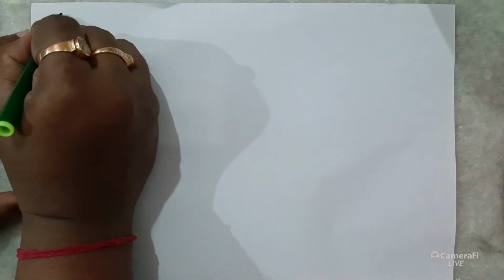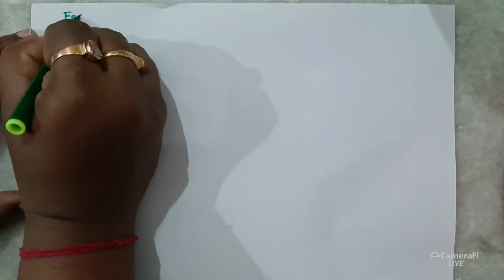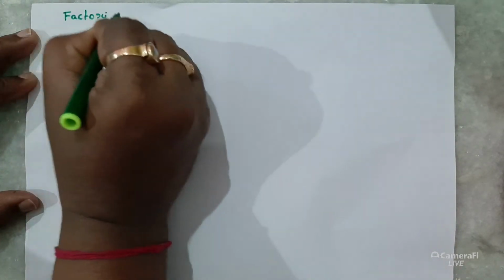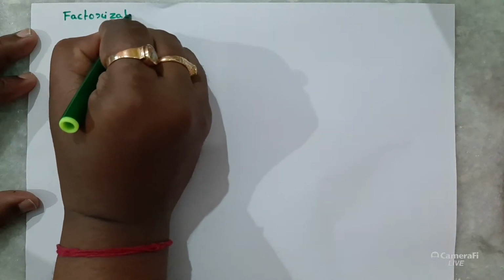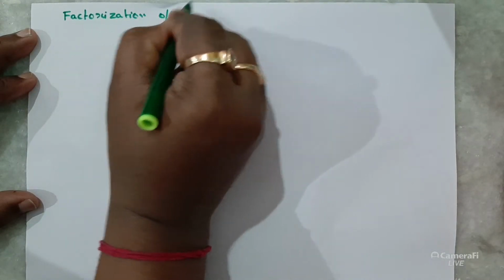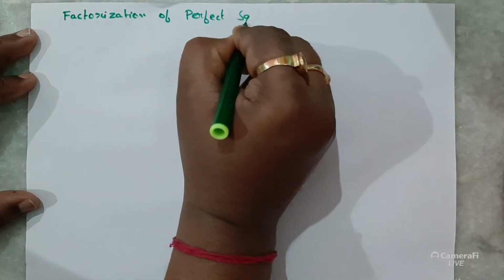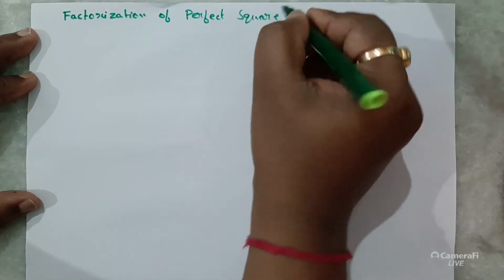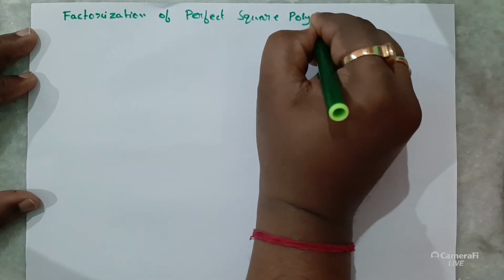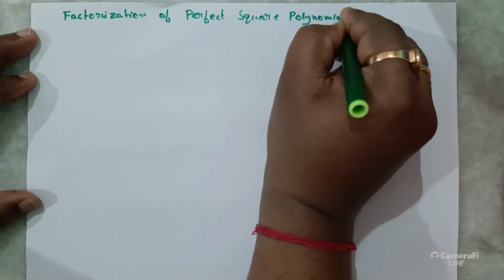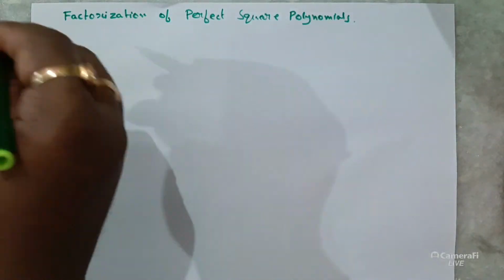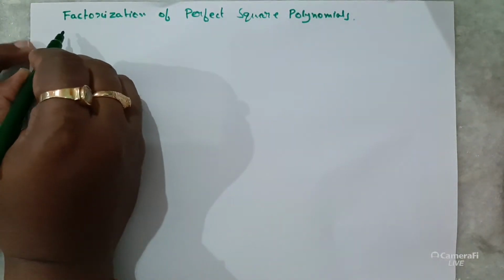The next math is factorization of perfect square polynomials.